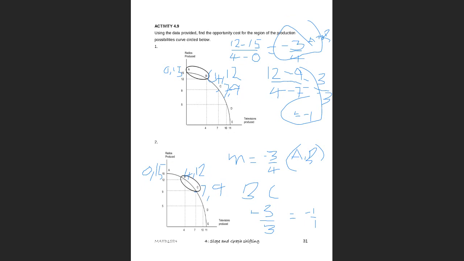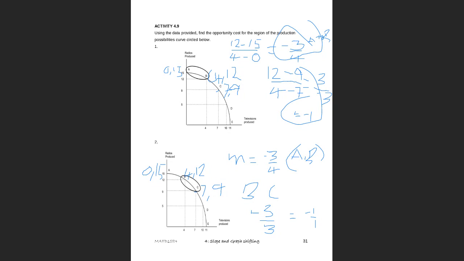So from B to C, the meaning is that if you increase TV production by 3 units, radio production will decrease by 3 units. That's why we say the opportunity cost increases along the slope.